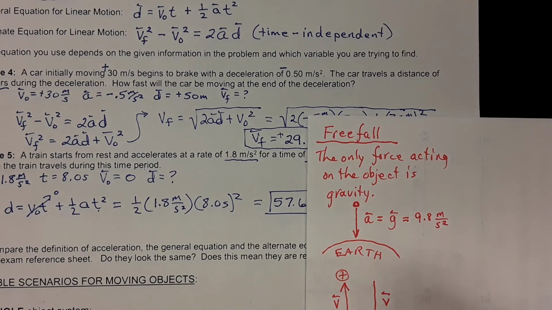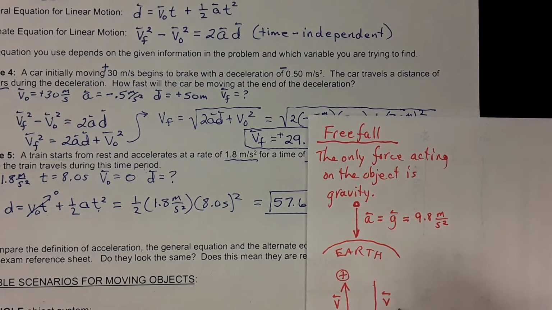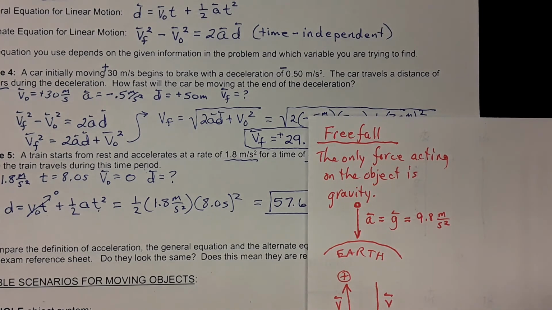When it accelerates back towards the earth, we could use down as positive, which means your acceleration due to gravity would also be positive if you're letting up be negative. But remember, your choice of direction is arbitrary. Whatever you choose, you stick with it through that problem, and any vectors have to abide by the directions that you choose.